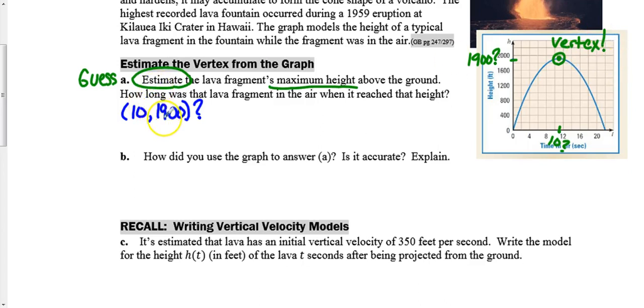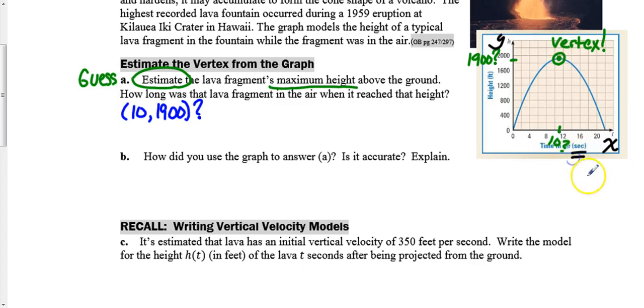We have an ordered pair, but we haven't actually answered the question yet. It said, estimate the lava fragment's maximum height. To know how to do that, how do I get the right information from this ordered pair? It's key to look at how the variables are defined. If I come back here, here's x and here's y. On the x-axis, what label do we see here?